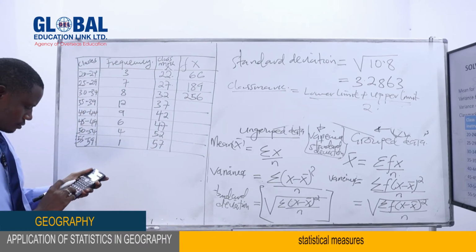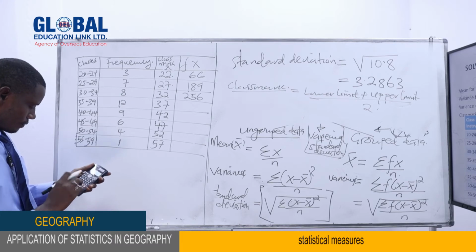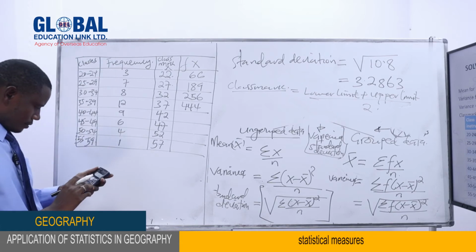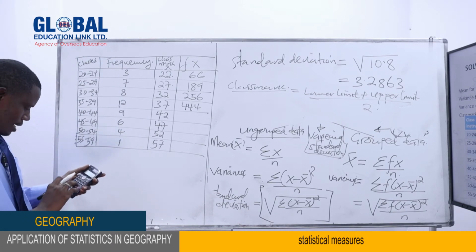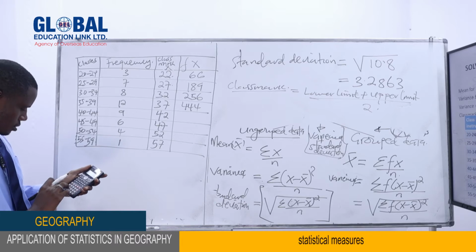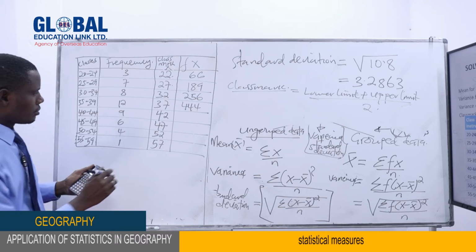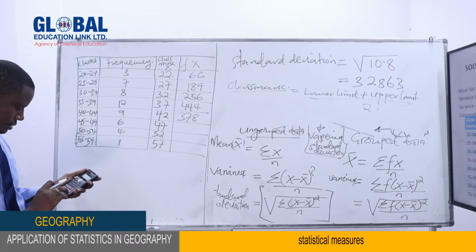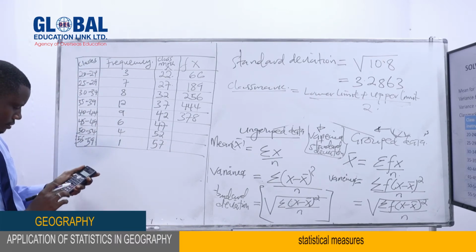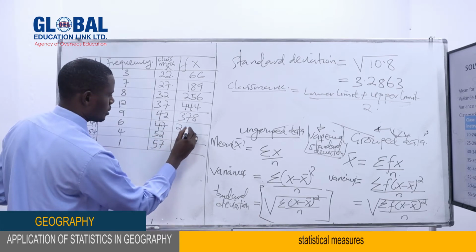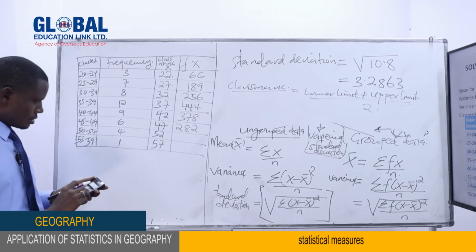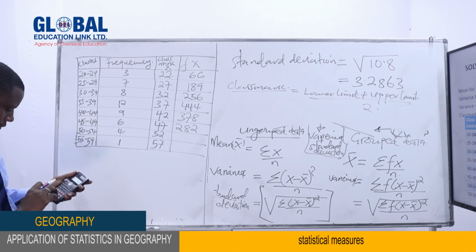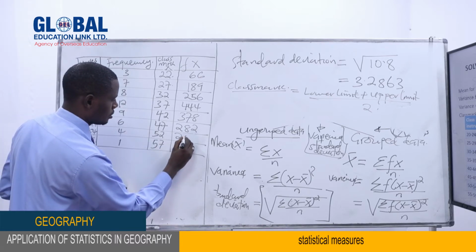The other one is 12 times 37, which gives 444. Then 9 times 42 gives 378. The other one is 6 times 47, which gives 282. Then 4 times 52 is equal to 208.